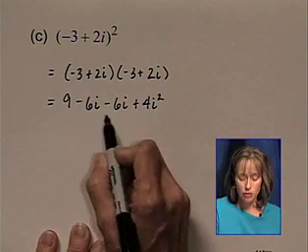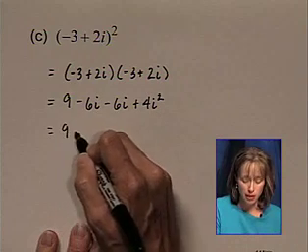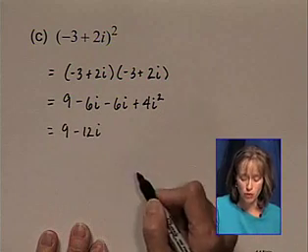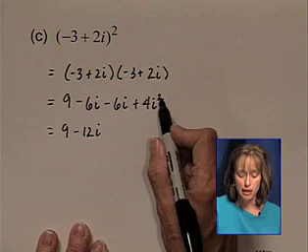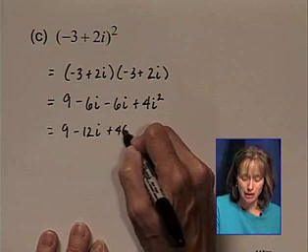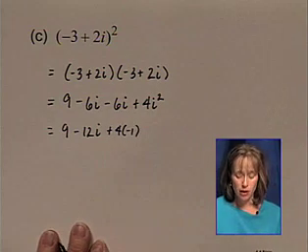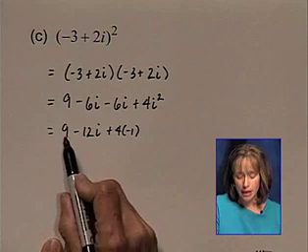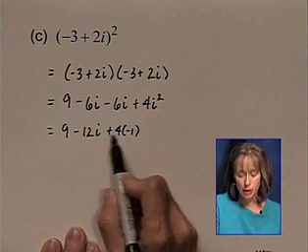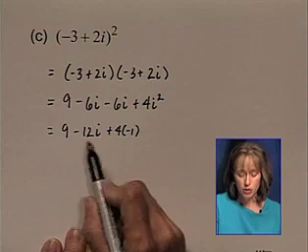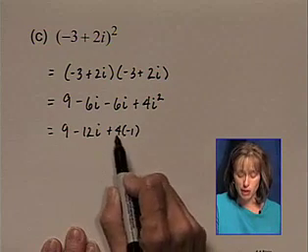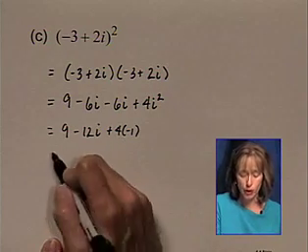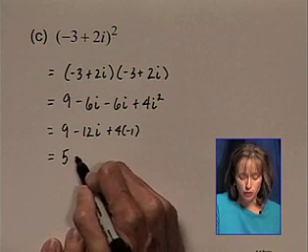Now I see that I have like terms in the middle that I can combine to get -12i, and recall that i squared is exactly equal to -1. Now I have some terms that I can combine. I have 9 plus 4 times -1, which is -4.